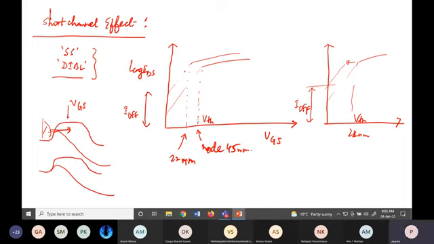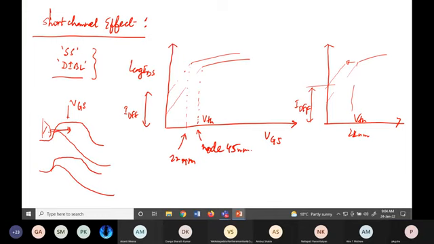So that is a very problematic factor in short channel MOSFET, because in the short channel MOSFET we have lower threshold voltage, because we are reducing the dimension, and we have to reduce the threshold voltage, as we already discussed several times. But additional reduction in threshold voltage comes because of the DIBL, right?